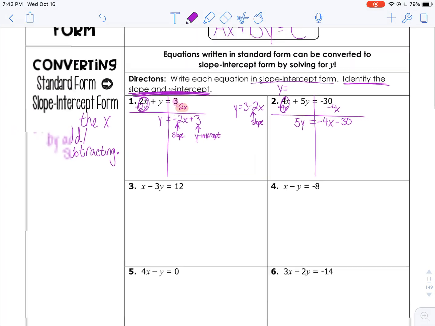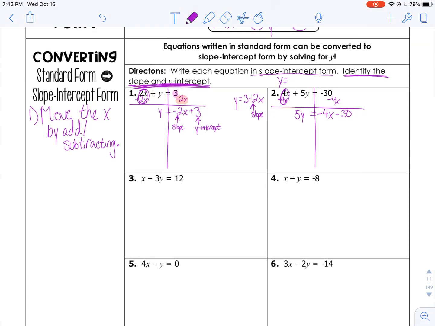My last step when I am working on standard form is to divide by the y coefficient. Sometimes you'll hear me say the y number, but the actual vocab word is the y coefficient.